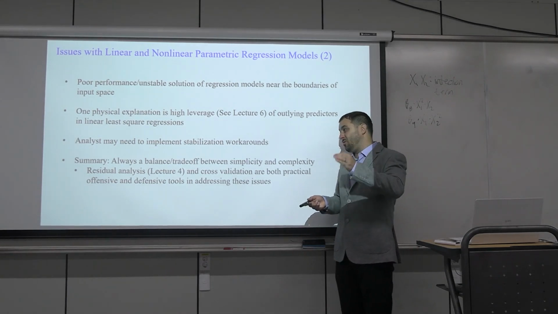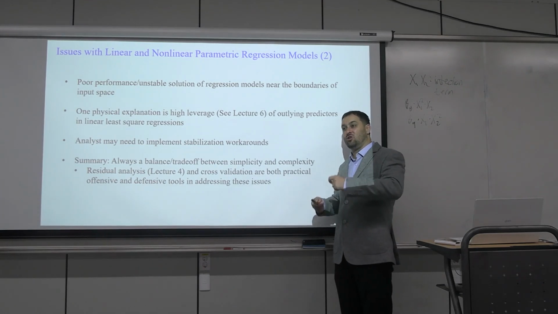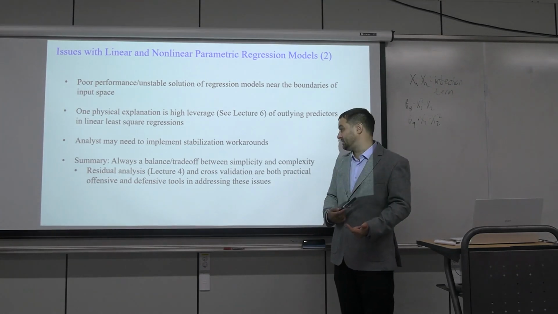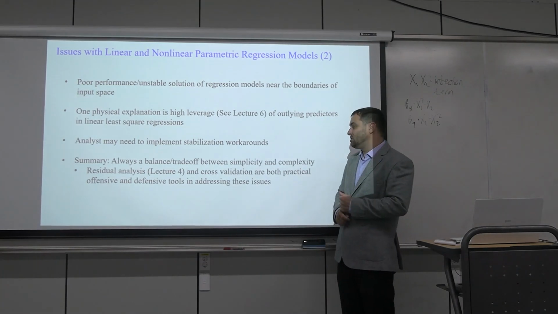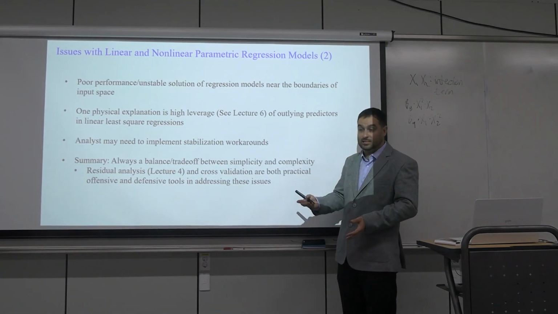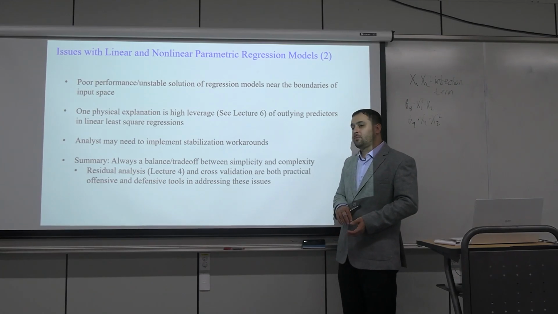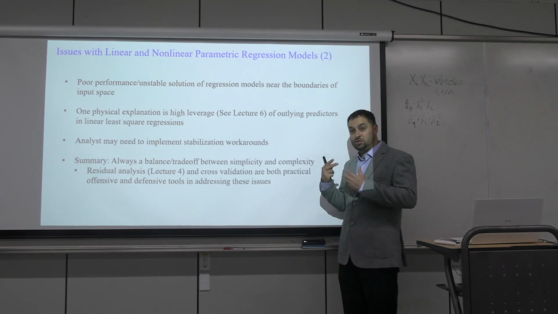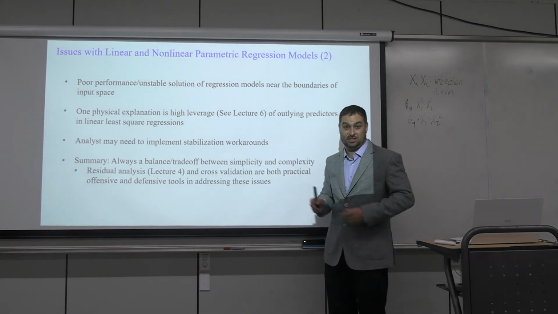So you always want simplicity, but you also want to capture the underlying physics, which in some applications can be complex. In this course, we will teach you some tools that are useful to assess this balance and trade-off.